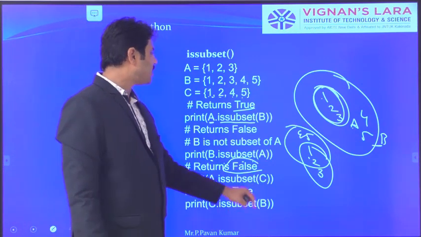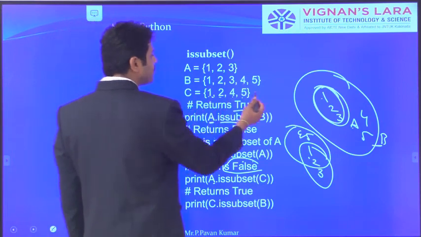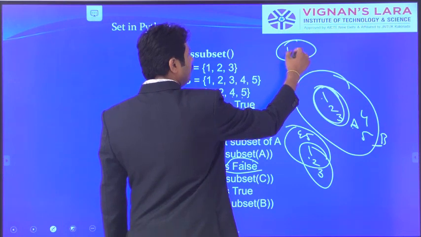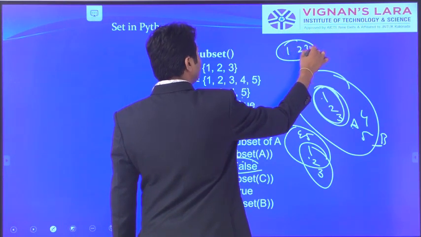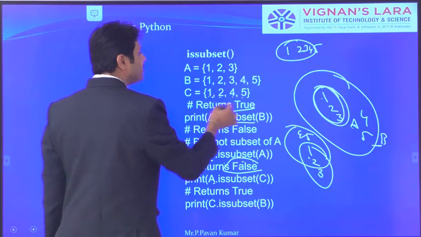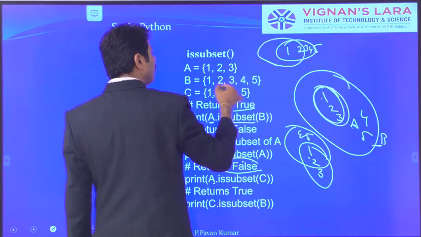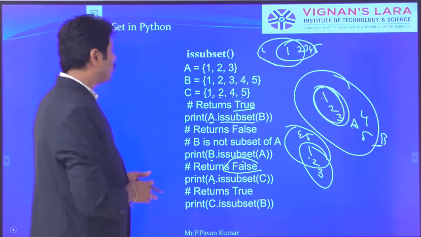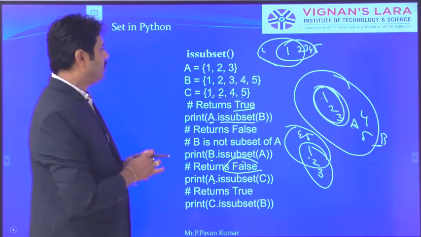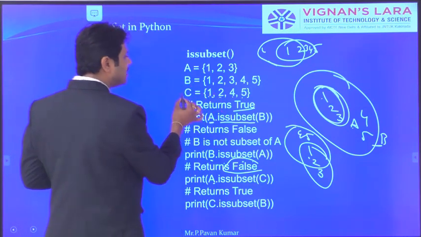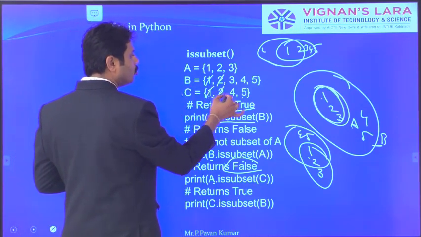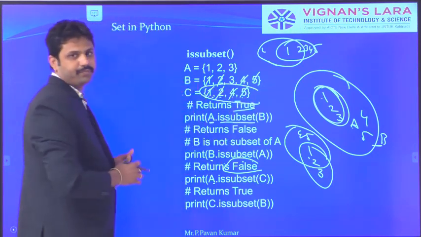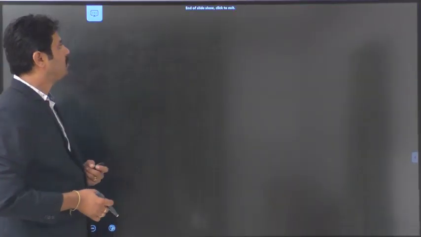Next, C is a subset of B. Yes, true. It returns true. What is B? 1, 2, 3, 4, 5. And C is 1, 2, 4, 5. That means the elements which are in C are all in B, so it is a subset of B. Clear?